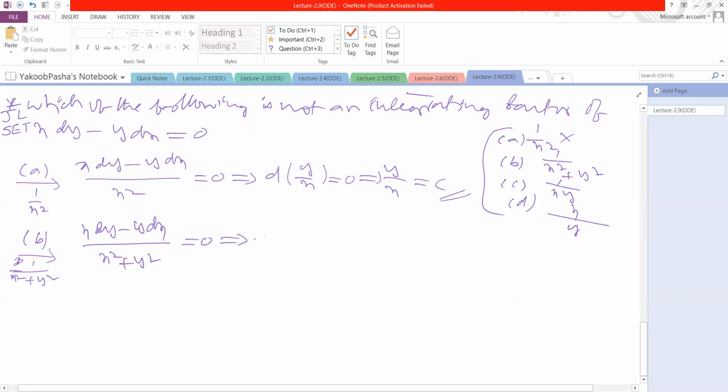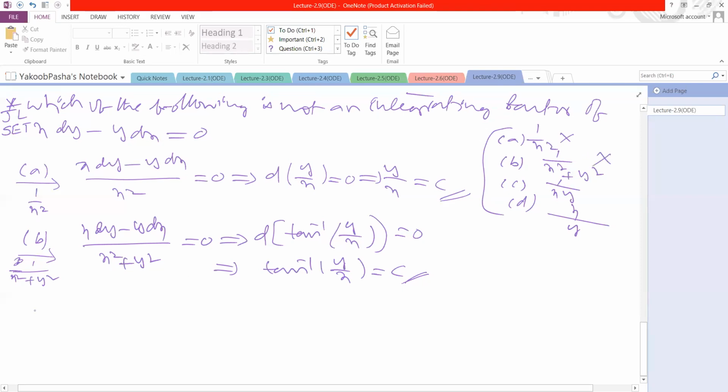This is nothing but d of tan inverse y by x is equal to 0. This is the formula. So by integration we get tan inverse y by x is equal to c. This is the general solution. So it is not the right option.